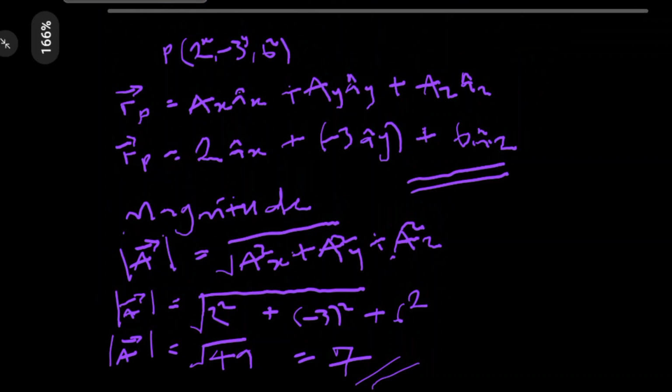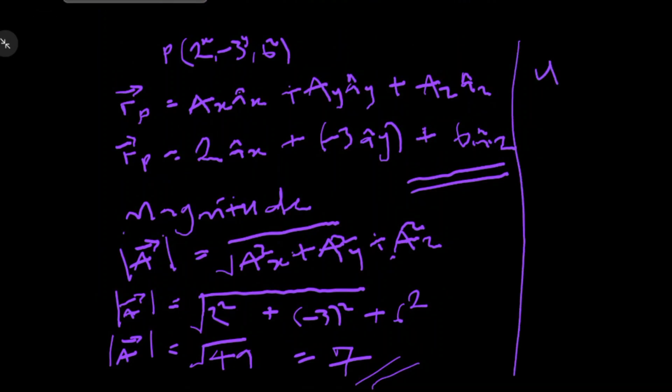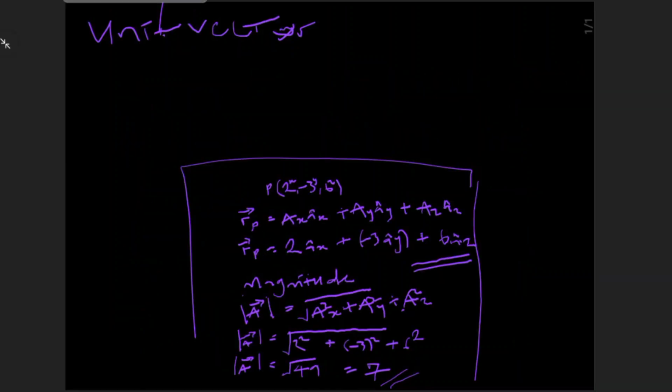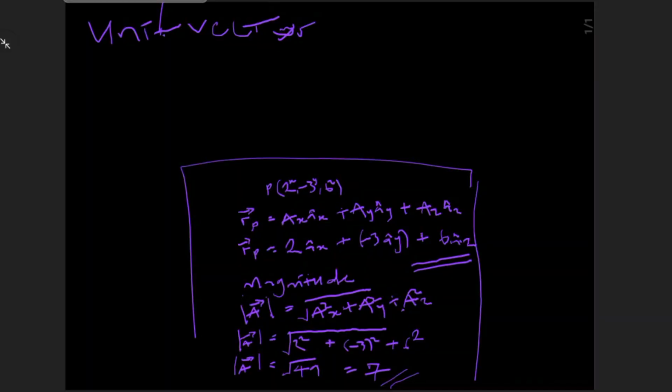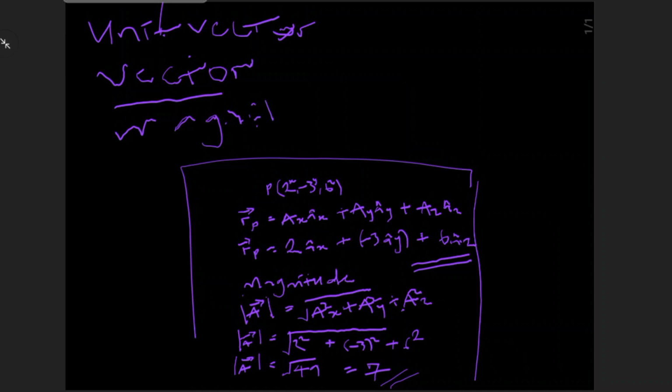And now to find the unit vector, as I earlier stated, the formula to find the unit vector is the vector divided by its magnitude. Let me just quickly wipe the screen.